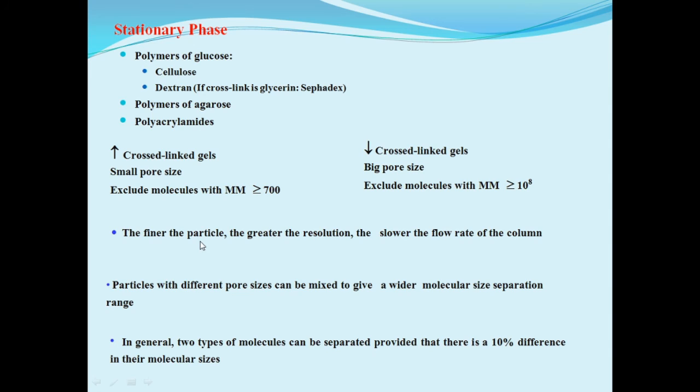The finer the particles, the greater the resolution, but the slower the flow rate of the column. Particles with different pore size can be mixed to give a wider molecular size separation range. In general, two types of molecules can be separated provided that there is a 10% difference in their molecular sizes.